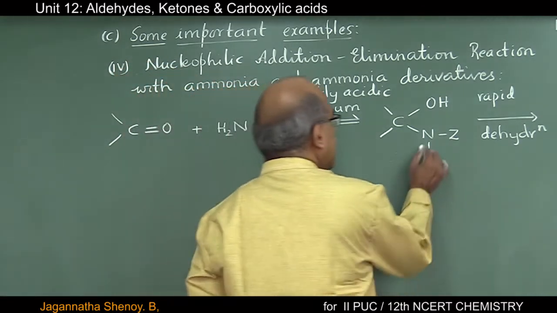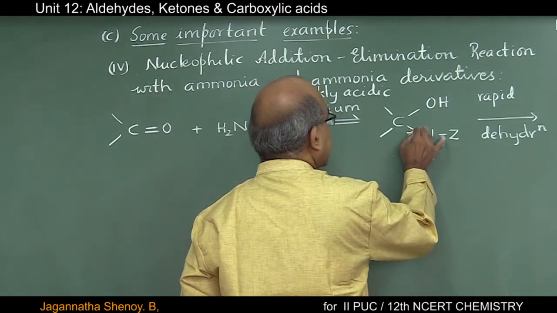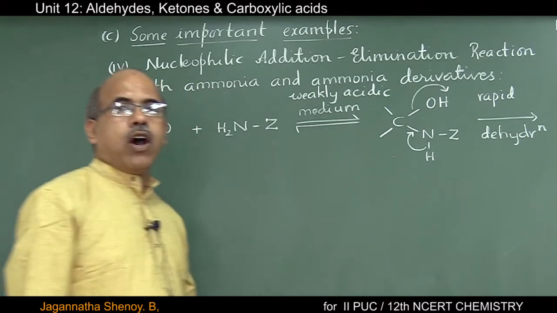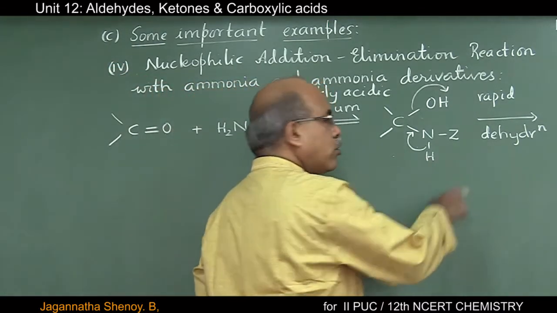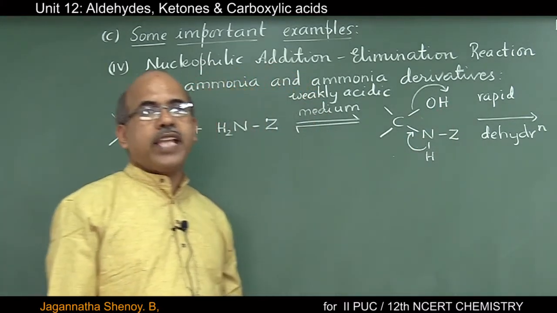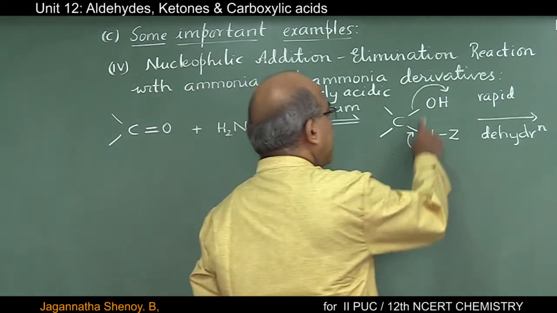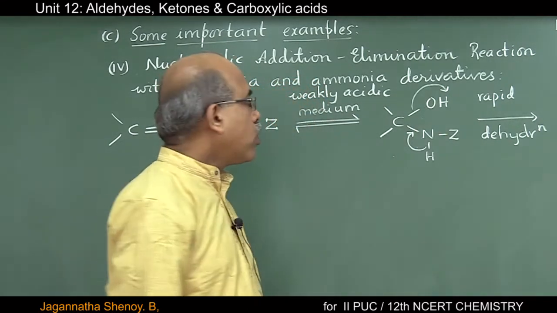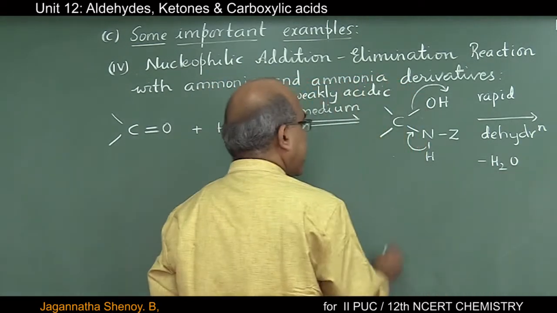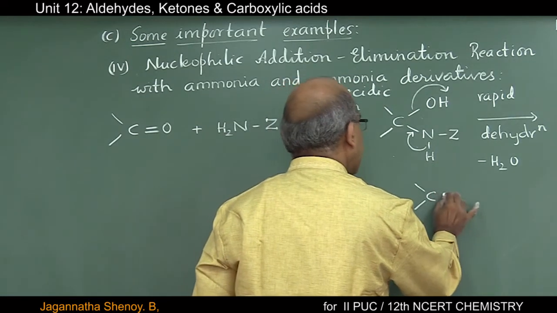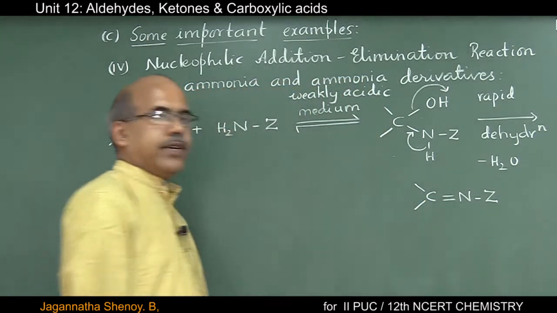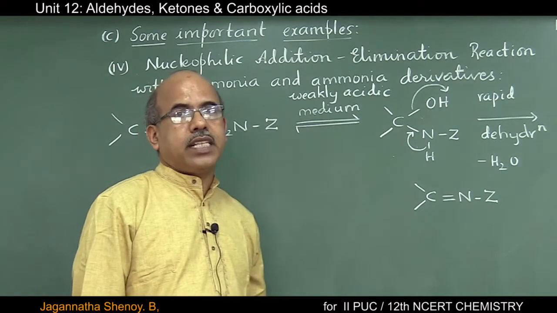So the bond between nitrogen and hydrogen gets shifted over here. In other words, from here hydrogen goes out as H plus, from here OH goes out as OH minus, so a molecule of water is removed. As a result, the product formed is a carbon double bonded to N, with Z attached. So this is the final product that is formed.